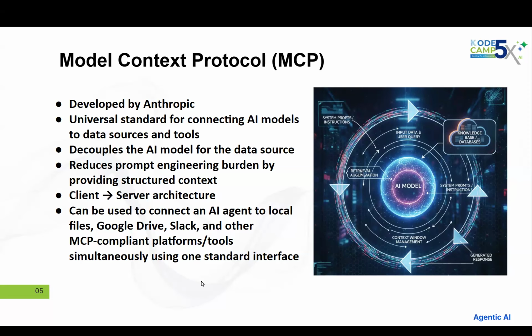So it allows the model to ground its context based on that information, so that it can provide responses that are more helpful and minimizes hallucination. So it's not about training, like I said.